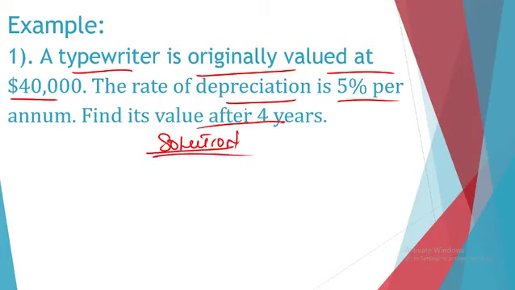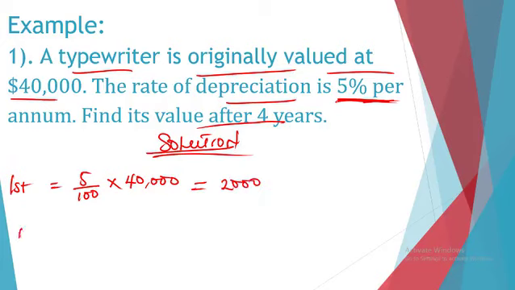How do we calculate this? We start with the very first year, and the first year we are told that the percentage is what? 5%. Percentage of its depreciation is what? 5%. So we have 5 over 100 times what? The original amount, and that will give us what? 40,000, right? 5% of 40,000 is equal to what? $2,000 US.